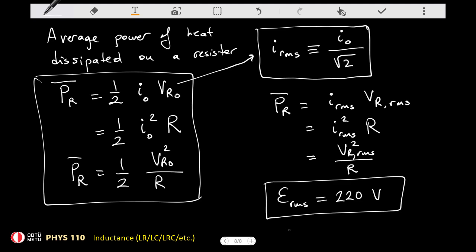That means the amplitude is root 2 times bigger than this. So it's like 1.4, so that's about 310 volts, or 300 volts. It's just an approximate value. So let's just say that this is 300 volts.